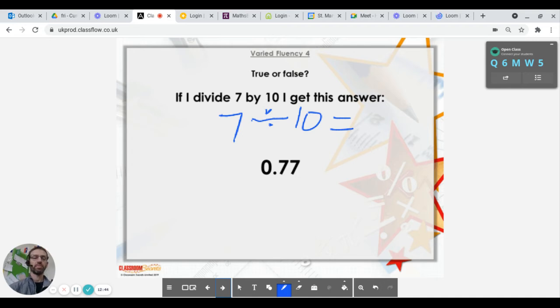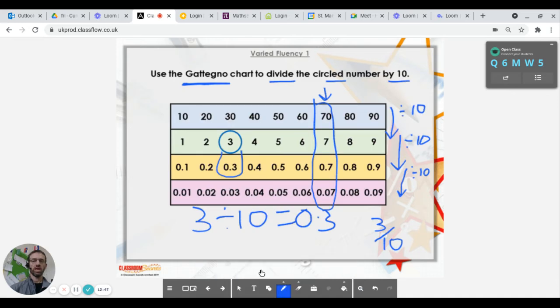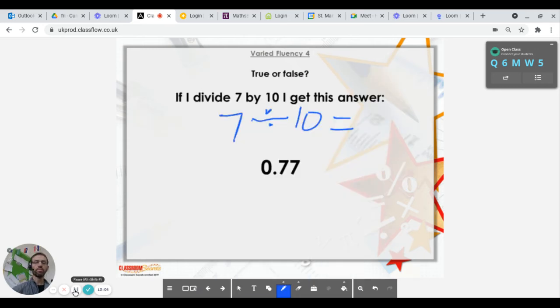let's have a look. Here we go. On this chart, we've got the 7s here, divided by 10. What's happened if you've got 7 divided by 10? Where's it going to end up? You're going to move one place down on the chart. Here it is, 0.7.